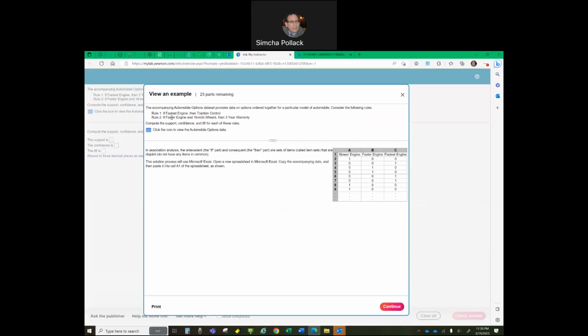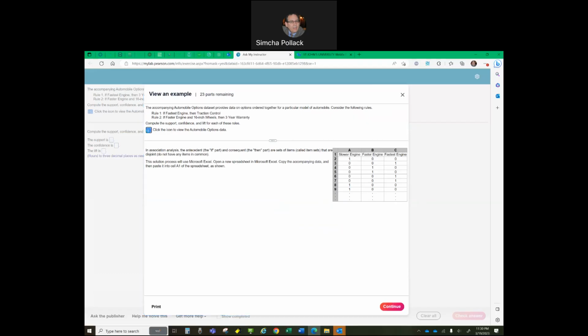The second rule is more complicated because there are two pieces before the then. The thing before the then is called the antecedent, and the thing after the then is called the consequent. That's the general terminology. In rule 1, the antecedent is fastest engine and the consequent is traction control.